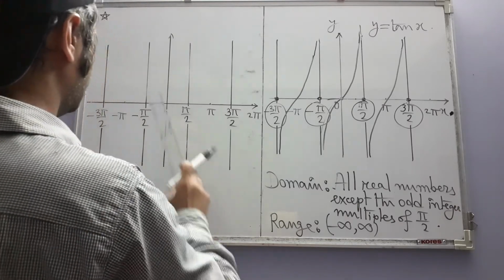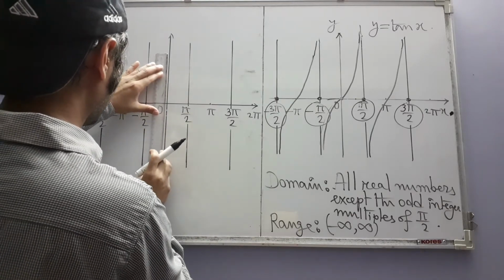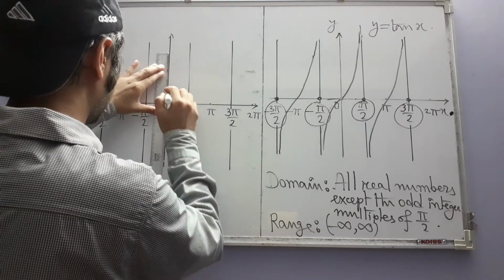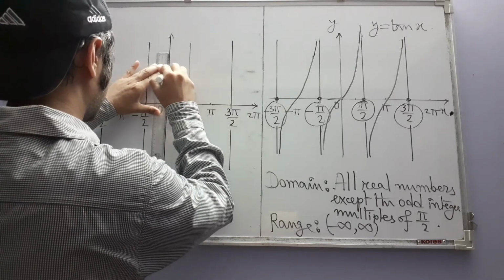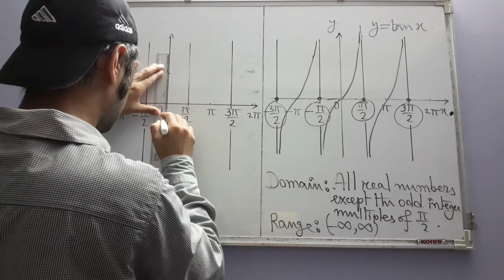But here, however, we will again need to locate -1 and 1 for a different type of reason.